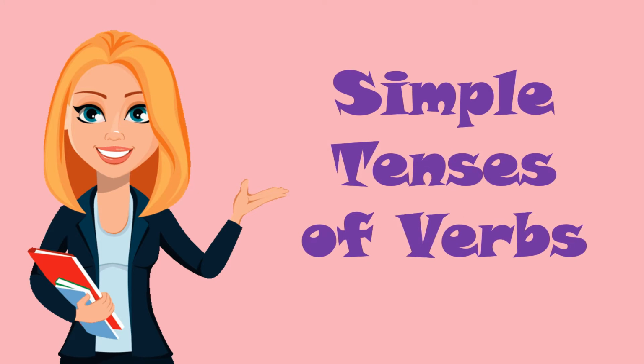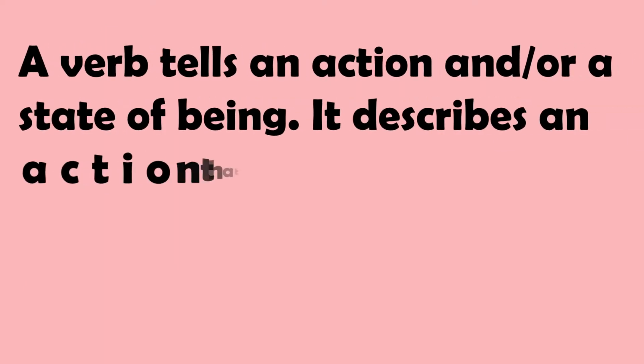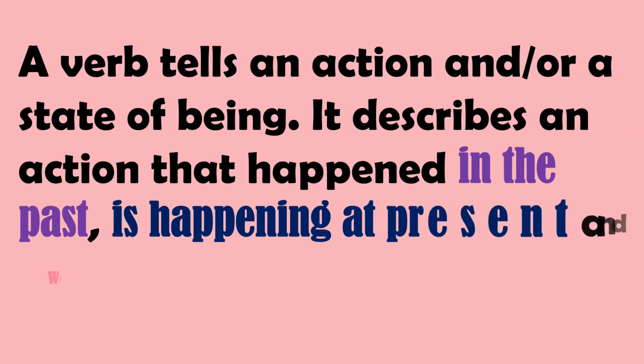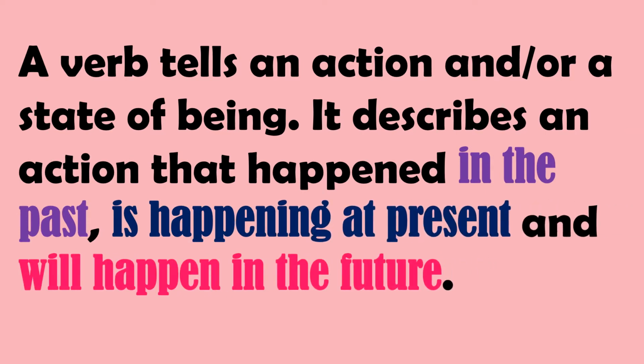Now, let us discuss simple tenses of verbs. A verb tells an action and/or a state of being. It describes an action that happened in the past, is happening at present, and will happen in the future.